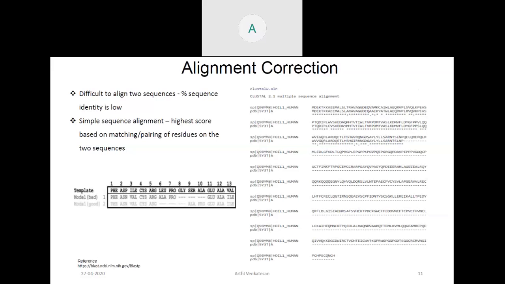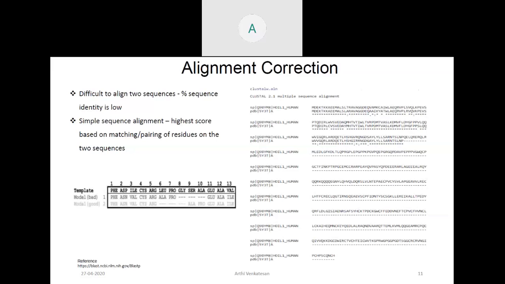For example, a simple sequence alignment has the highest score based on matching or pairing of the residues on the two sequences. In the left image I have shown the template and model, both good and bad. A model with fewer gaps is not considered a good model, so you can redo the sequence alignment and then go for alignment correction again.